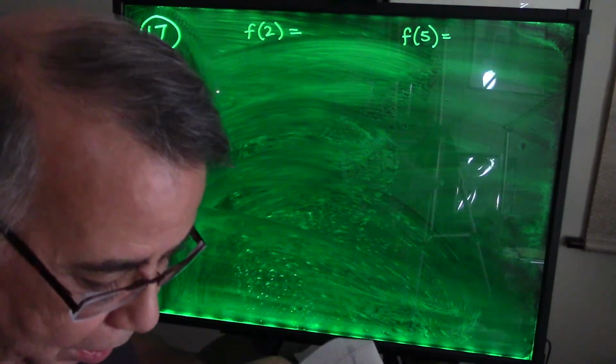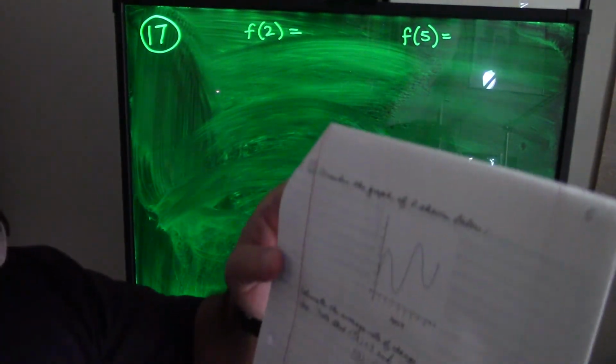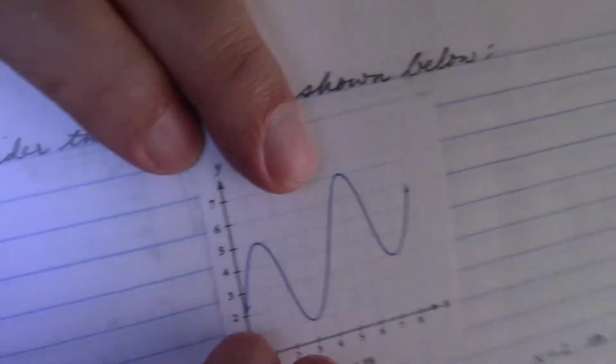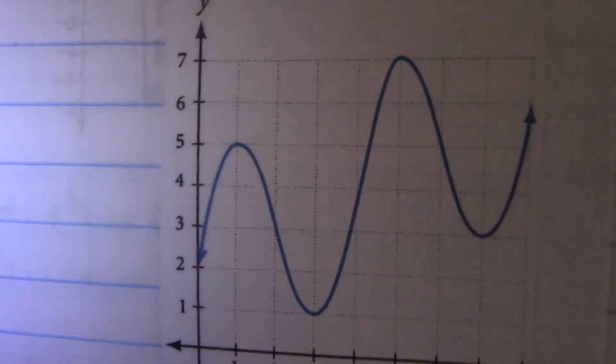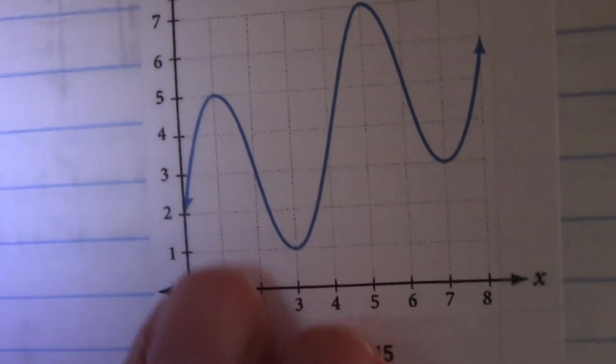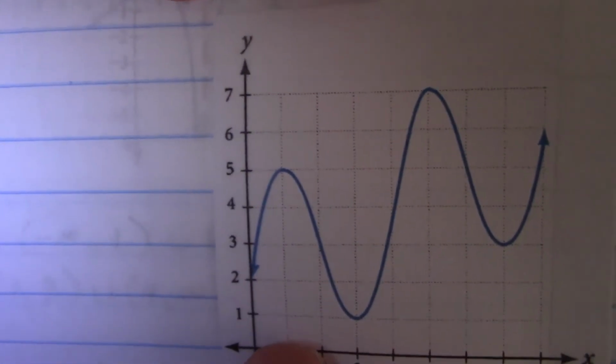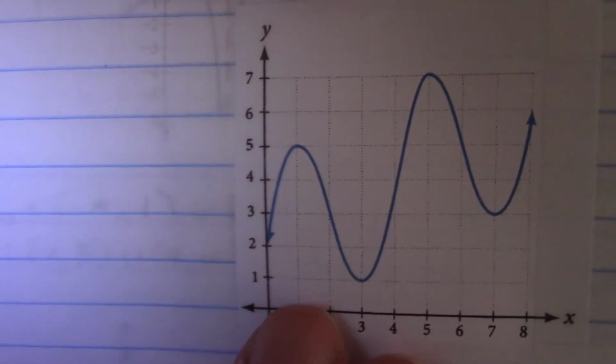So you look at the graph. Let's see if I can zoom in here. f of 2, x equals 2 there.